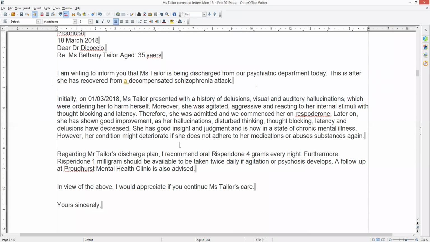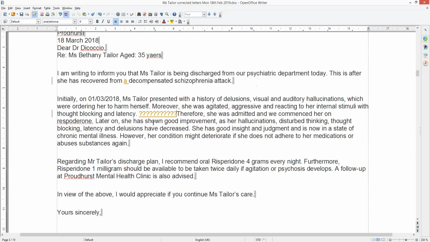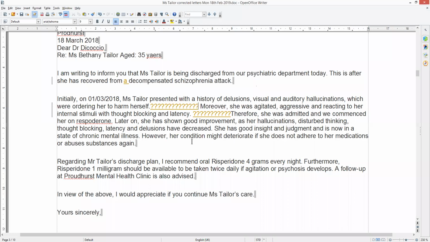Somewhere here. Presented with history of being aggressive. Please note she had taken cocaine the day before admission. You could have put it there. Or presented with history following a coke-related incident the day before. I don't know. You could have put it there.